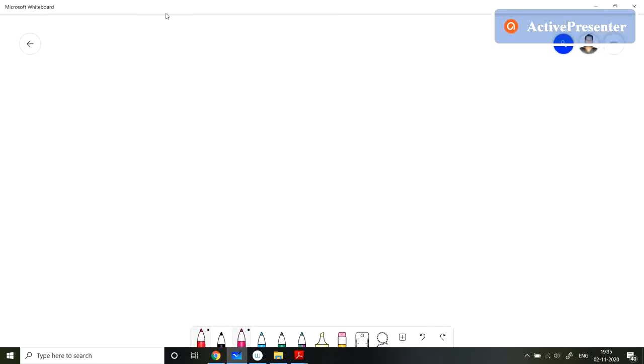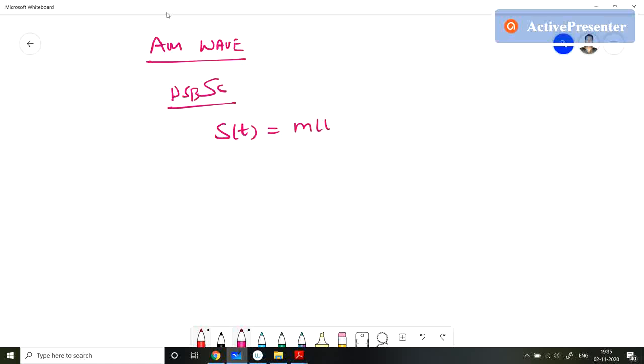Let me give you an example of where we are going to use this frequency shifting. We have a radio frequency pulse, like an amplitude modulated wave. So let us discuss DSB-SC. The DSB-SC wave is simply the message signal multiplied by the carrier signal.